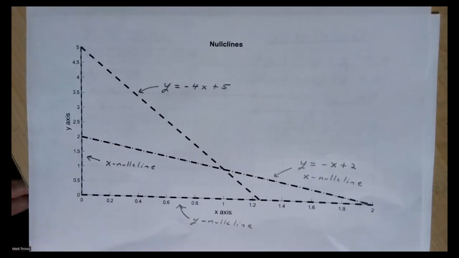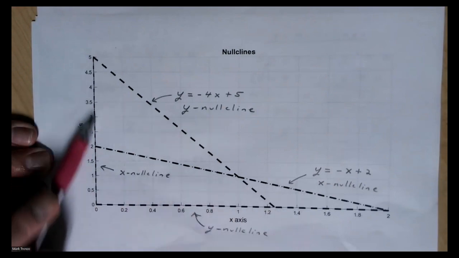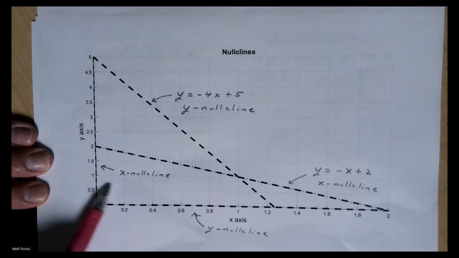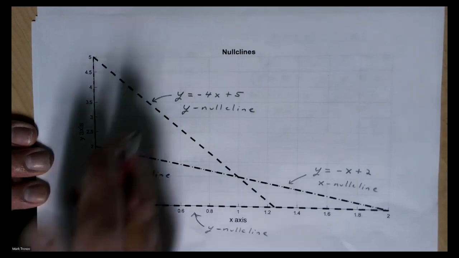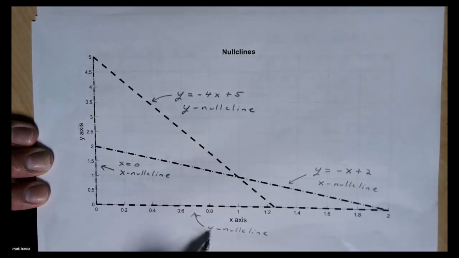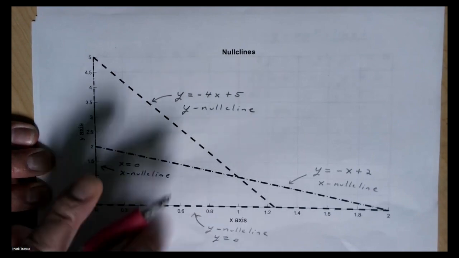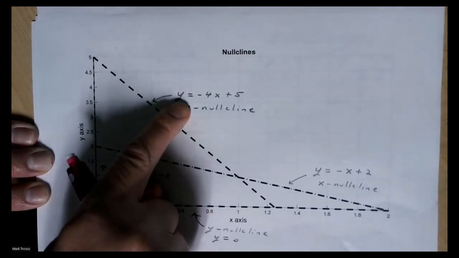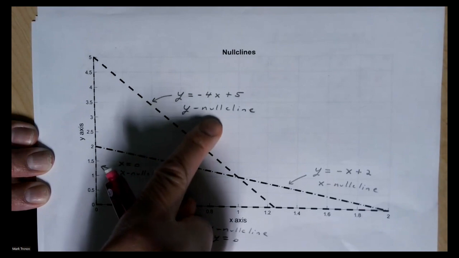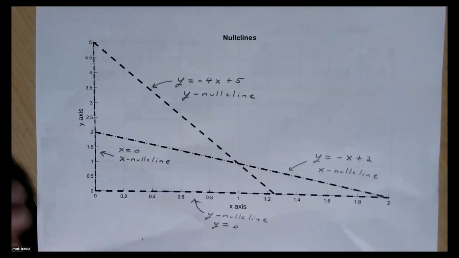So again, I marked these. This is an x nullcline, and this is an x nullcline; that was x equals 0. This is a y nullcline, and that was at y equals 0. And this line, y equals minus 4x plus 5, is a y nullcline. So be sure to mark all those.